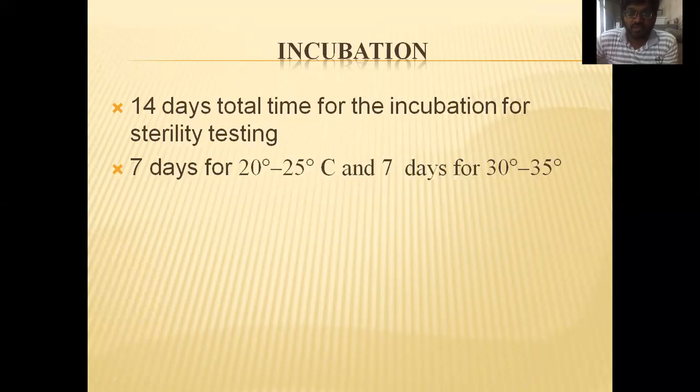If your microbial flora, that is fungi or aerobic organisms, are present, they will grow at 20 to 25 degrees Celsius. If anaerobic organisms are present in your product, they will grow at 30 to 35 degrees Celsius.